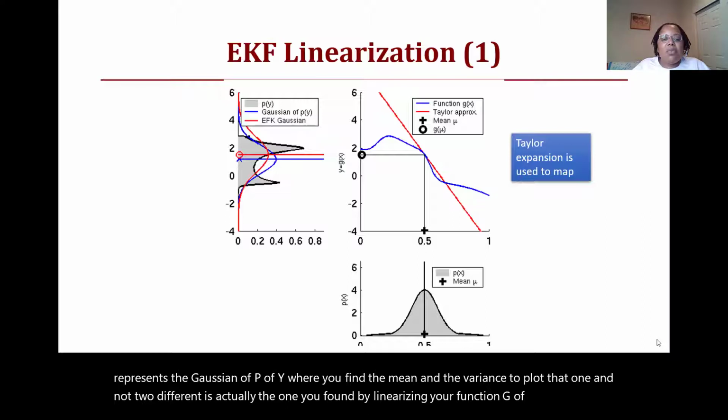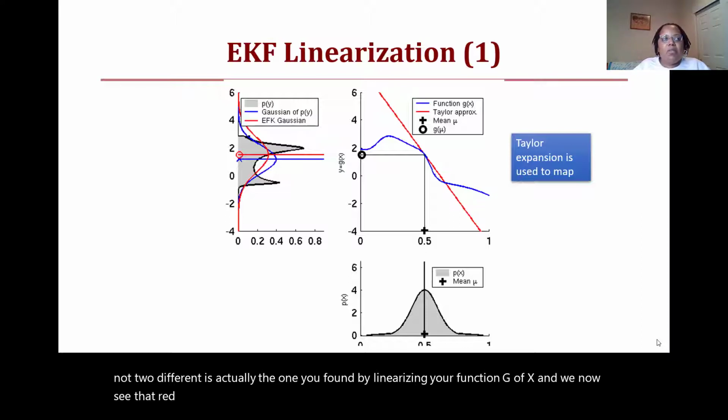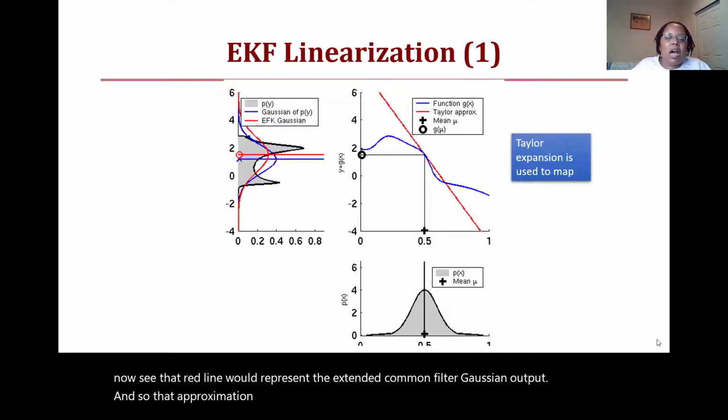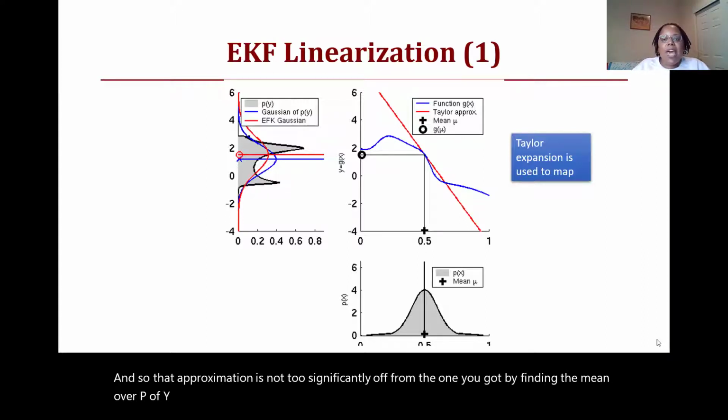We now see that that red line would represent the extended Kalman filter Gaussian output. So that approximation is not too significantly off from the one you got by finding the mean of P of Y. Now, the question becomes, how does this change as the variance in the input Gaussian changes?